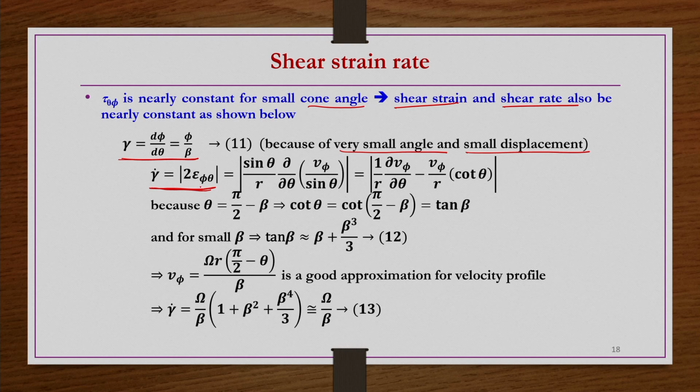From the transport phenomena book, this quantity is sin theta by r, dou by dou theta of v phi by sin theta. In any transport phenomena book, you can see the extra stress component for a non-Newtonian fluid. So, you can get this component, and when you expand this, you will get this equation.